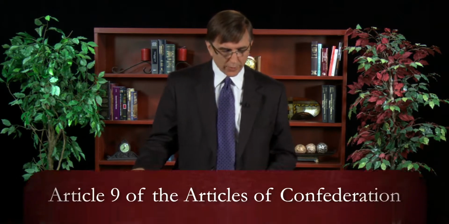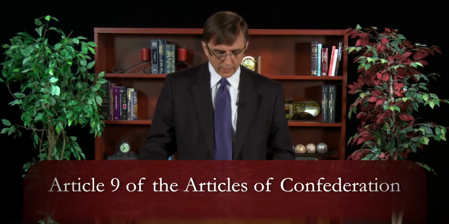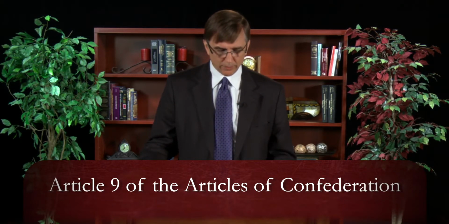It included a provision intended to primarily vest in the central government of the new Confederation, as the British had done, responsibility for the conduct of affairs, of foreign affairs, if you will, with the native nations in North America. This delegation of power was found in Article 9 of the Articles of Confederation.